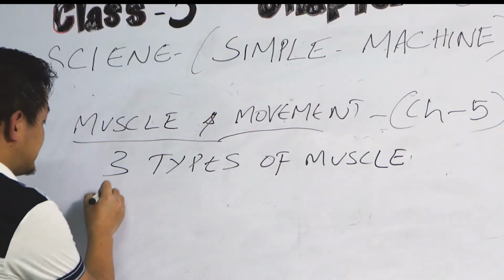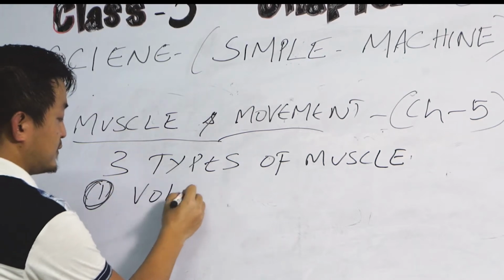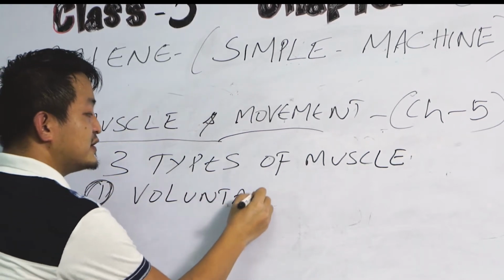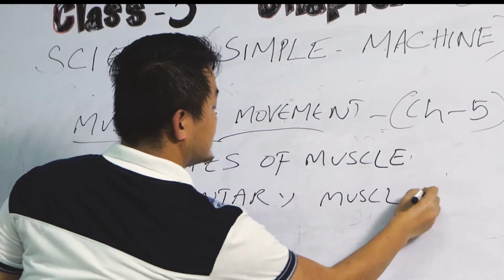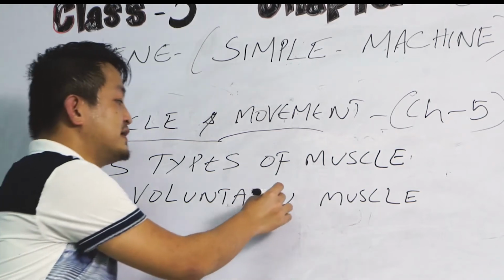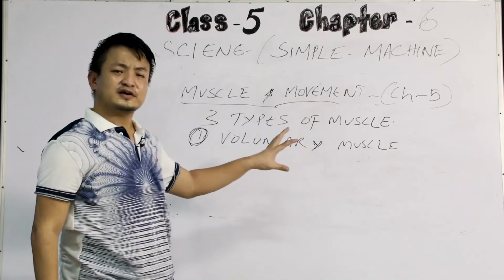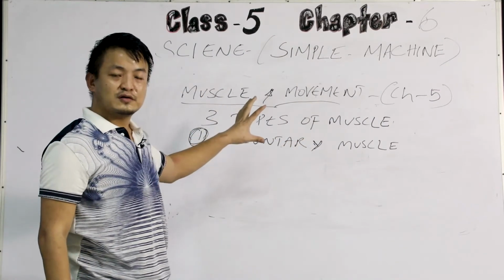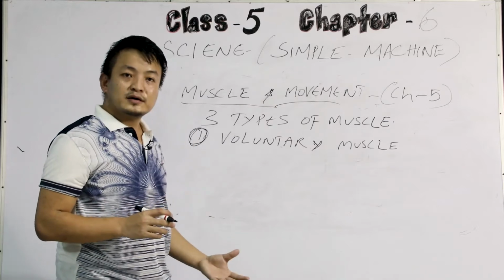The first one is voluntary muscles. Voluntary muscles means muscles which are in our control.